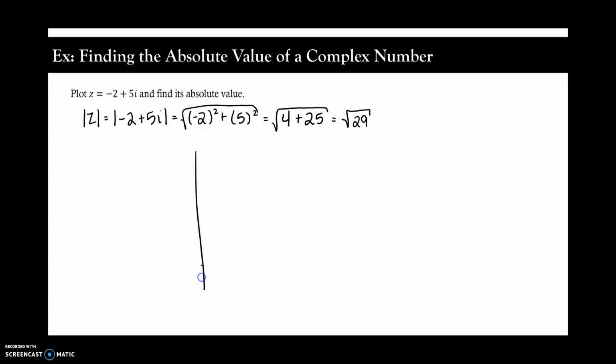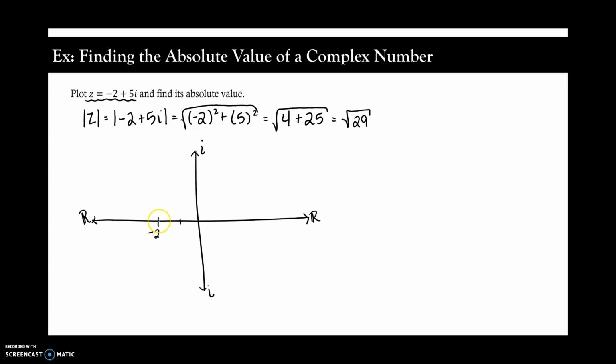So now it wants me to plot this number z. So I'm going to go to negative 2 on the reals. Remember, both of these sides are the reals and both are the imaginaries. Positive, negative in both directions.